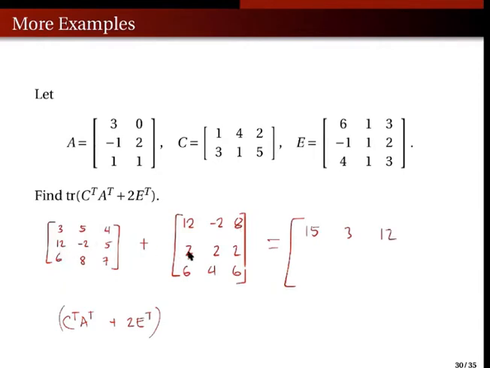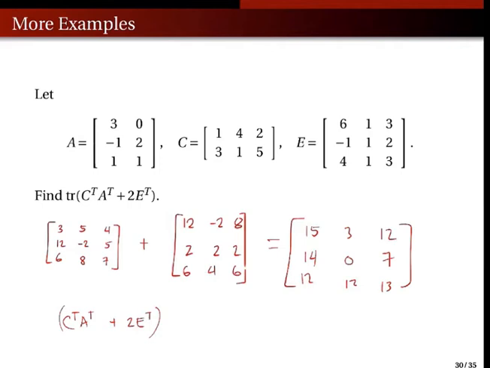Then 12 plus 2, that's 14. Negative 2 plus 2, that's 0. 5 plus 2, that's 7. 6 plus 6, that's 12. 8 plus 4, that's 12 again. 7 plus 6, that's 13. Okay? So this is the sum, C transpose A transpose plus 2E transpose.